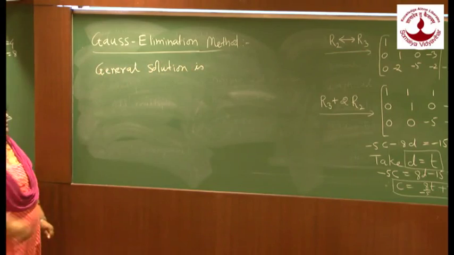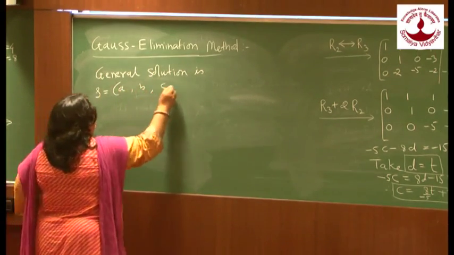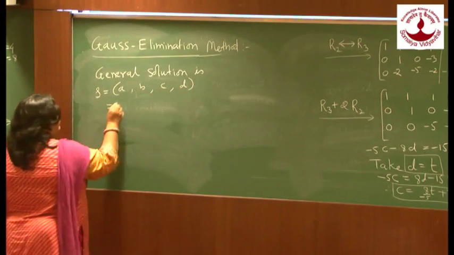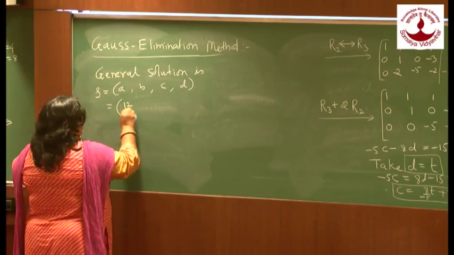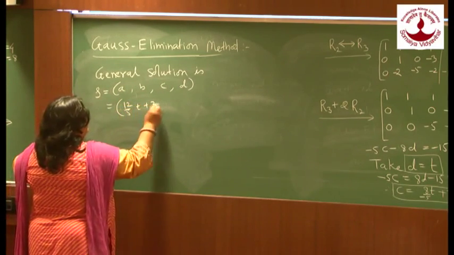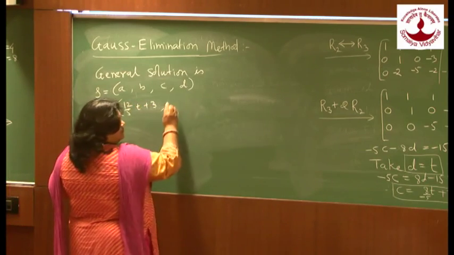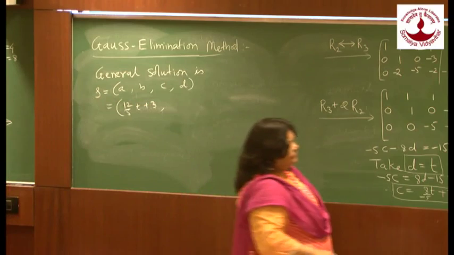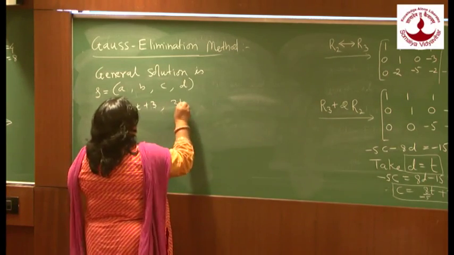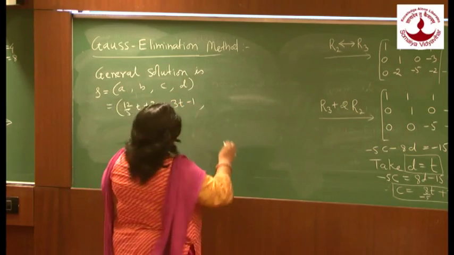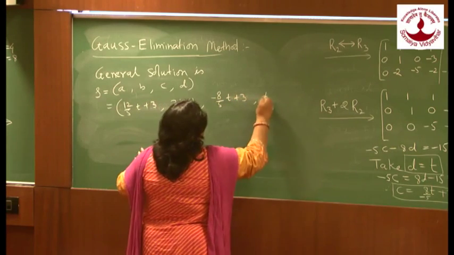General solution S is equal to A, B, C, D, where A is 12 upon 5 t plus 2, B is 3t minus 1, C is minus 8 upon 5 t plus 3, and D is t.